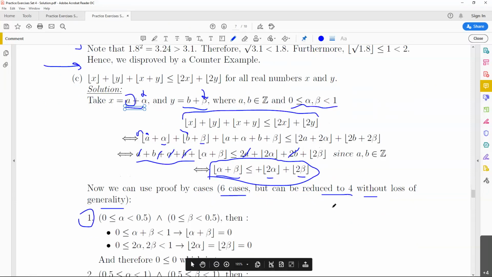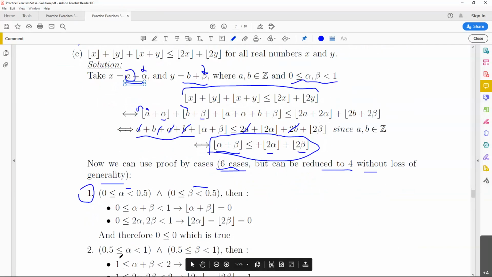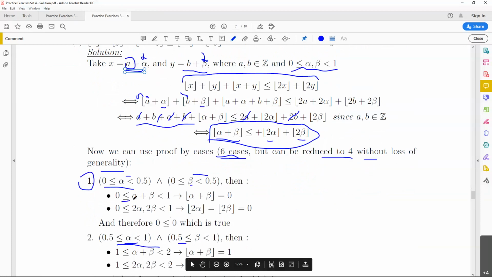Remember, they're between 0 and 1. You can already see why we have 6 cases, right? If they're both less than half, if they're both greater than a half, and then this and this, and the other ones. So if they're both less than half, then their summation is also going to be less than half. So the floor of this is 0.